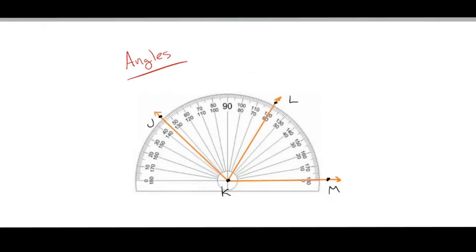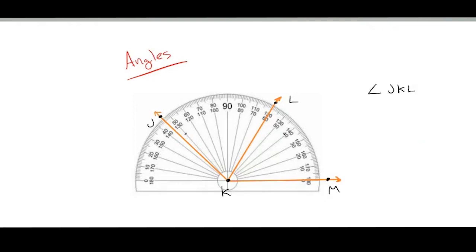So here I have a protractor, and I want to find the measure of some of the angles formed by these rays. So I have angle JKL, and I want to know what is the measure of angle JKL.